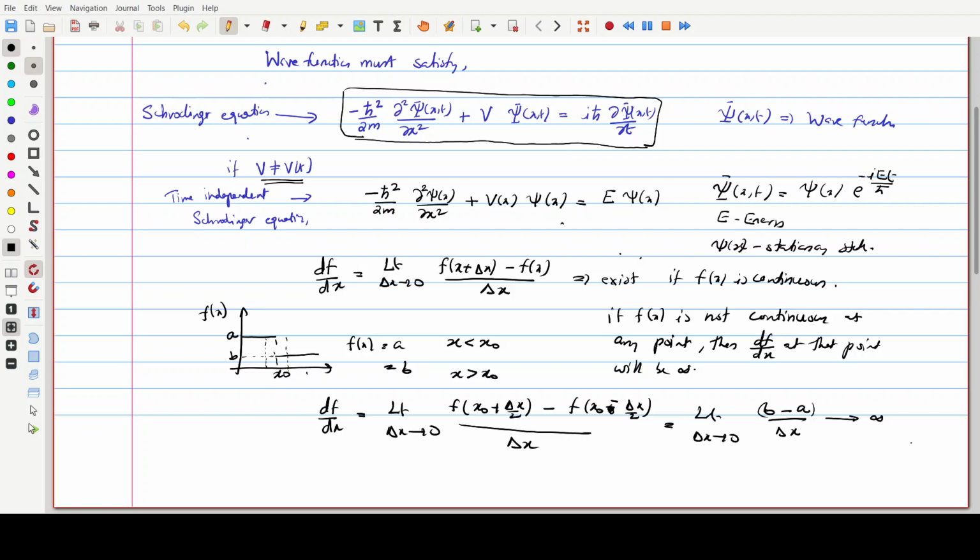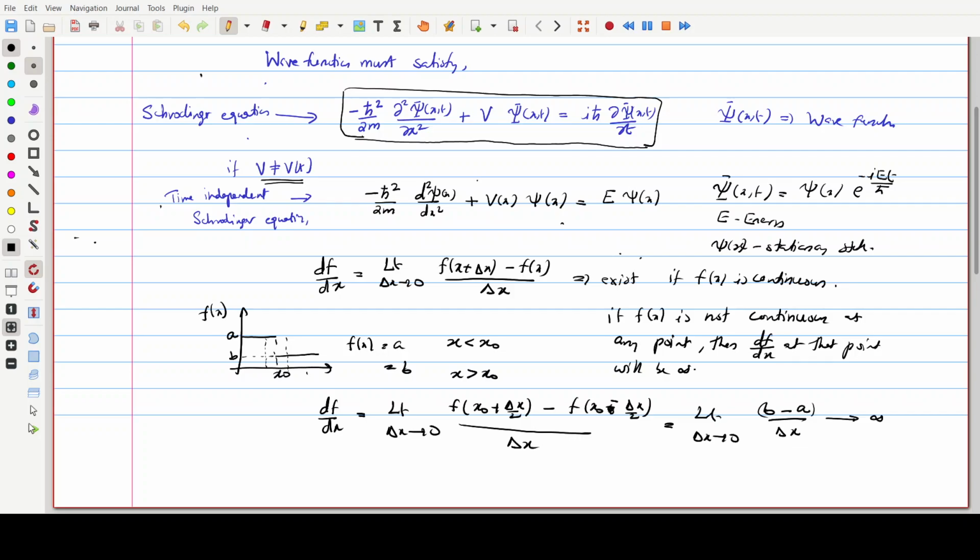So if the function takes this kind of discontinuous form, we cannot define the derivative of the function as well as the second order derivative. No derivative is possible. Going back to our original discussion, instead of ∂²ψ/∂x², it should be d²ψ/dx², because ψ is only a function of x, so there is no need to write the partial derivative.